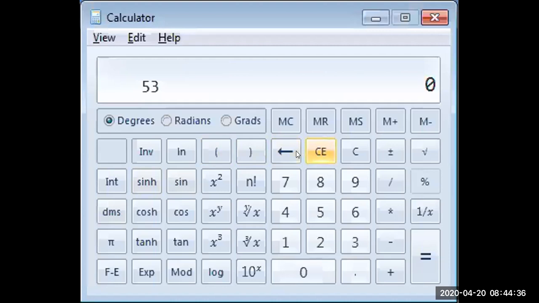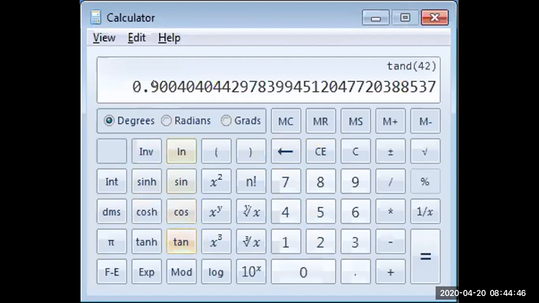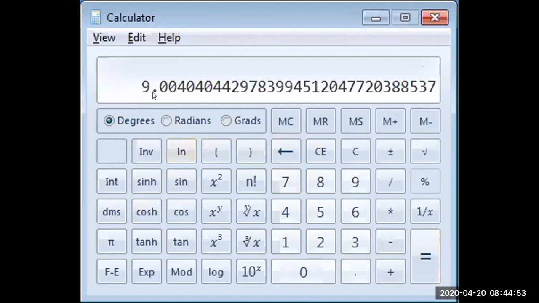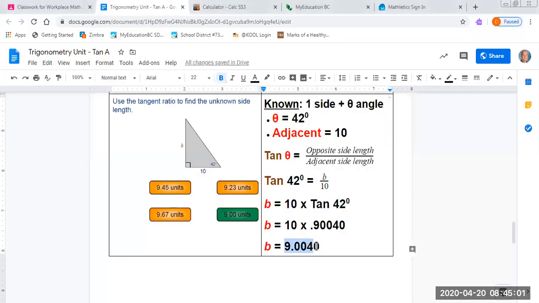So in this case, what we want to do is find out what 42 tan is, and we're not taking the inverse this time, just tan, so 42 tan, and then we're going to multiply that by the number 10. And so this is going to get us 9.0040, and so basically what we end up with here is 9.0440, and that's why this answer here is correct. Hopefully that makes sense to you.